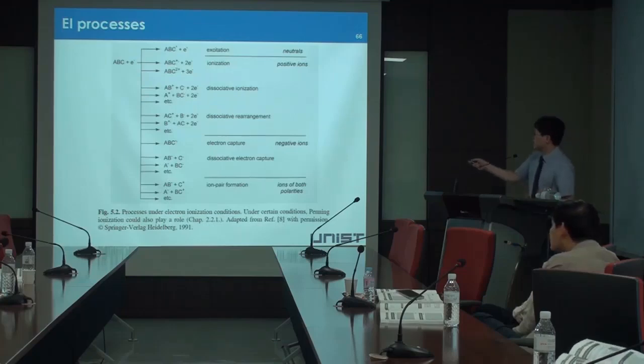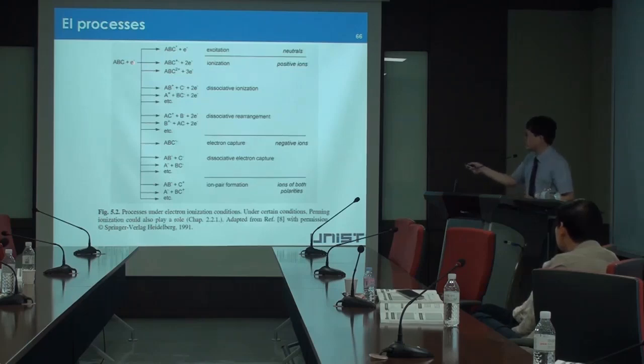This is our molecule ABC with different atoms, and with electron impact it becomes ABC plus or ABC 2 plus, or it fragments into AB, C, A plus BC, and so on.